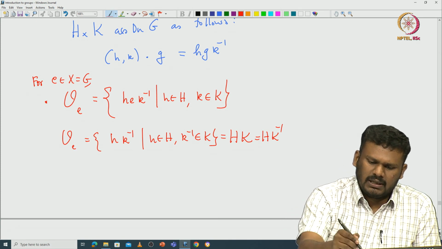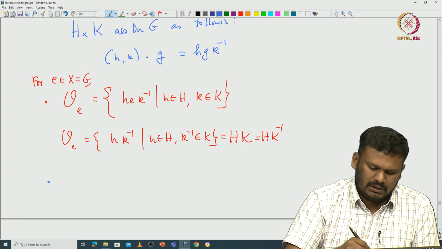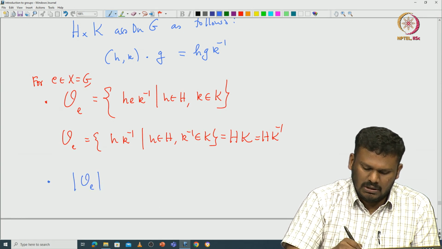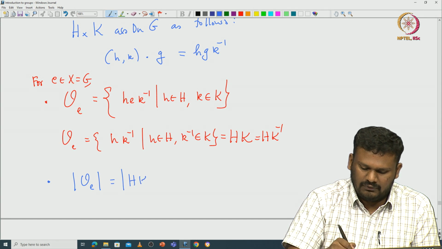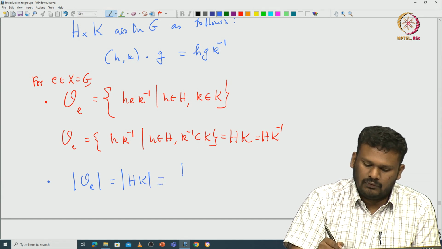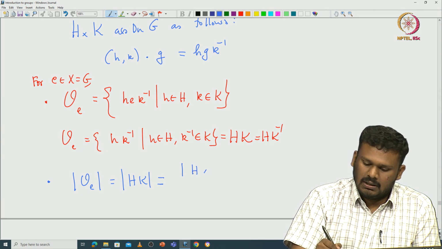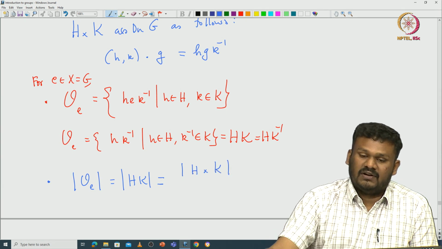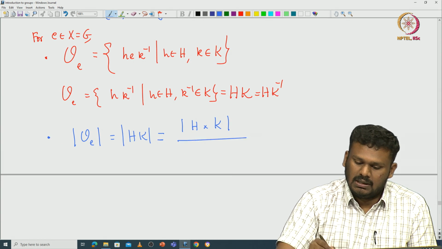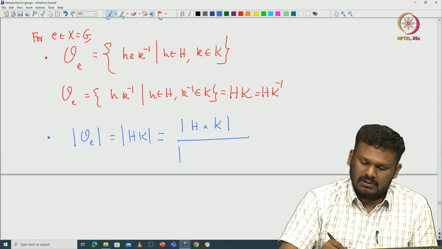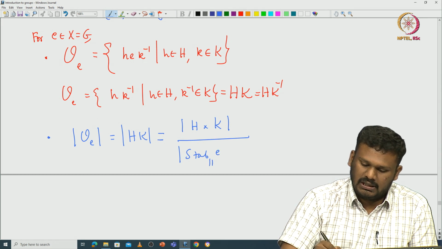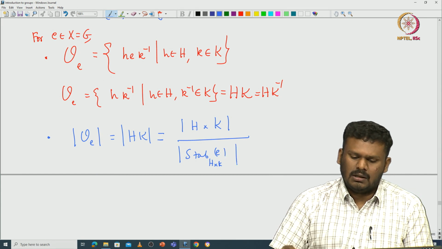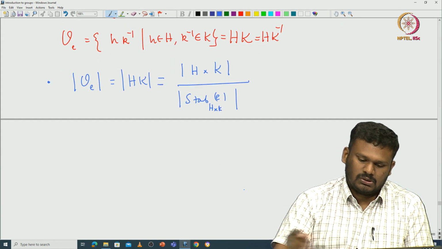If you are interested in computing the cardinality of this orbit, this is exactly the cardinality of HK. So, this is going to be the cardinality of your group, the cardinality of H cross K, divided by the stabilizer of this identity inside your H cross K. But what is the stabilizer? You can just work it out.